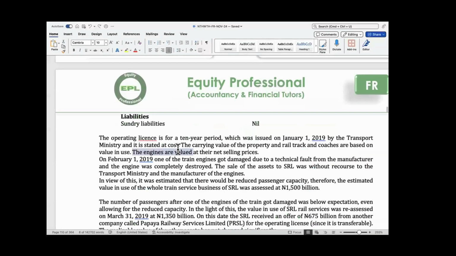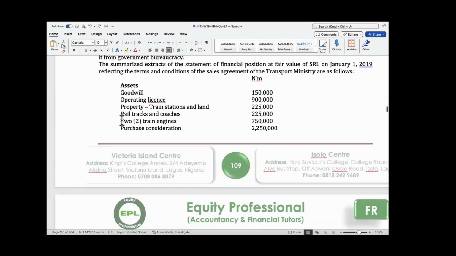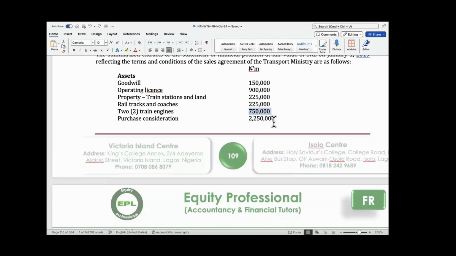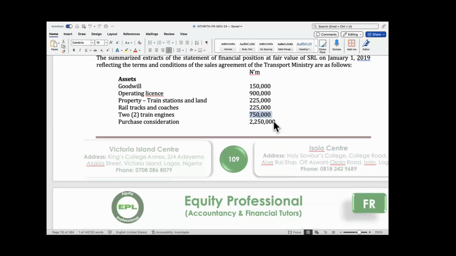They said the engines are valued at their net selling prices. Where's the engine? Okay, this is the engine. Net selling prices. Two engines. That means each of them will be 375. Yeah, that's 375 for each of them.